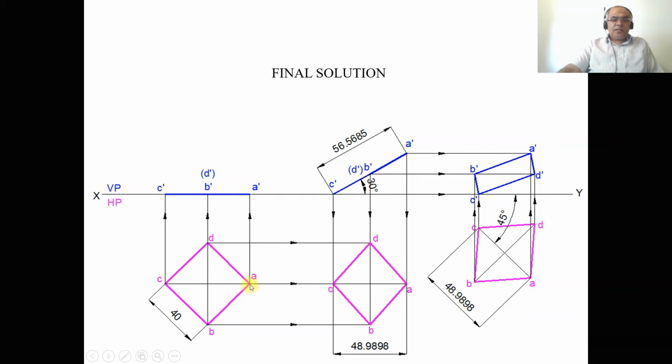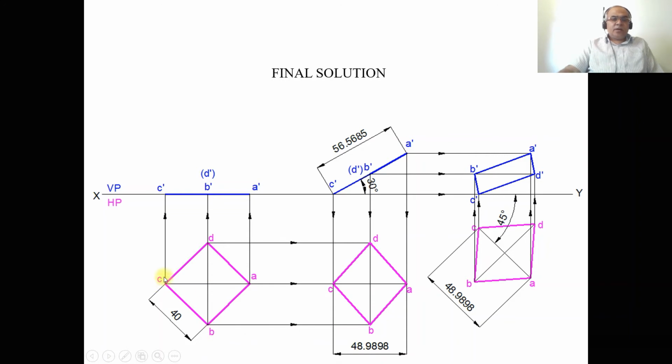Then again with A as center, take the same radius of 40, draw an arc, and with C as center, cut on the previously drawn arc and you mark this point as D. Then join P to A to D, D to C and C to B with a dark line.